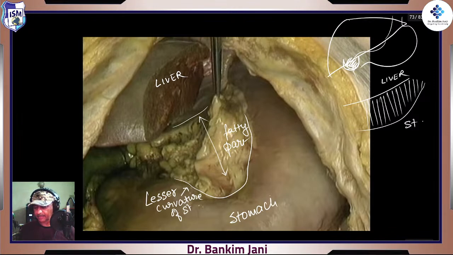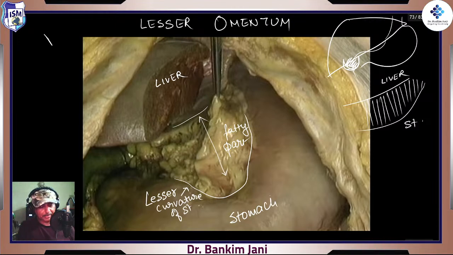In case of the stomach, the lesser curvature. And what it is, nothing but the lesser omentum. That's what we are watching, the lesser omentum. And the lesser omentum is formed by the ventral mesogastrium, correct?